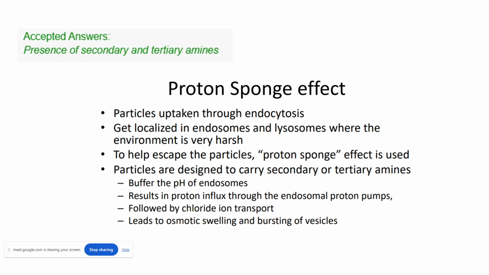And to escape this, if you design the particles with secondary and tertiary amines, they basically will buffer the pH of these endosomes, which are mostly acidic, and this will result in more proton influx through the endosomal proton pumps, which is followed by chloride ion transport and leads to osmotic swelling and bursting of these vesicles, which releases the particles inside these endosomes and lysosomes into the cytoplasm. So presence of secondary and tertiary amines would be the correct answer.